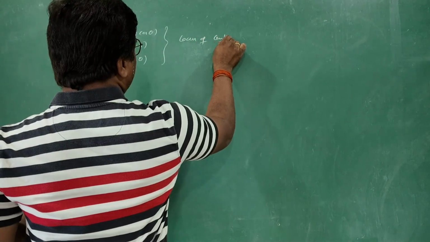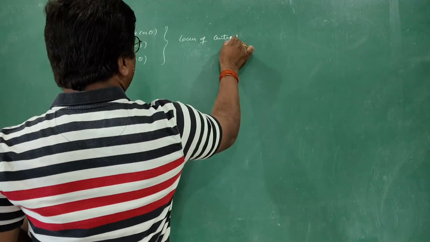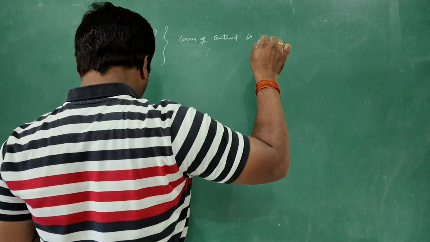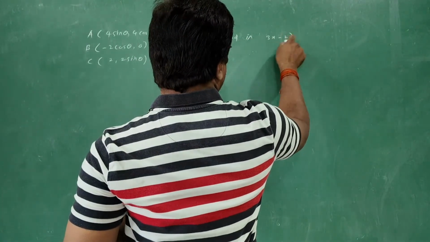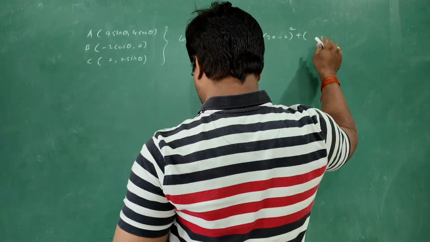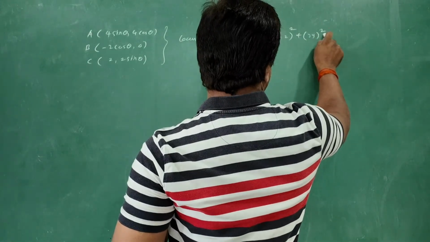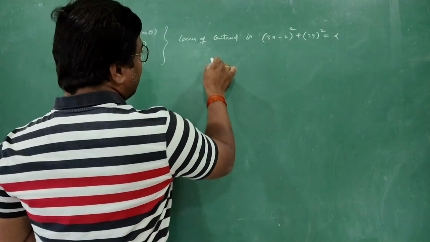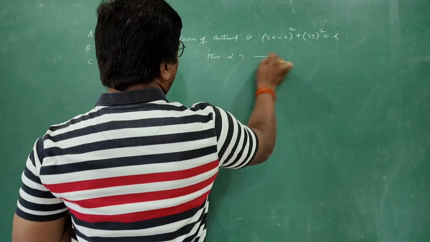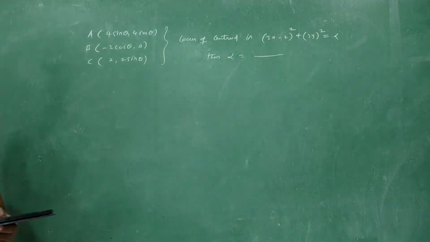The locus of the centroid is given as (3x minus 2) whole square plus (3y) whole square equal to alpha. Then find the value of alpha. This is the question. Okay.